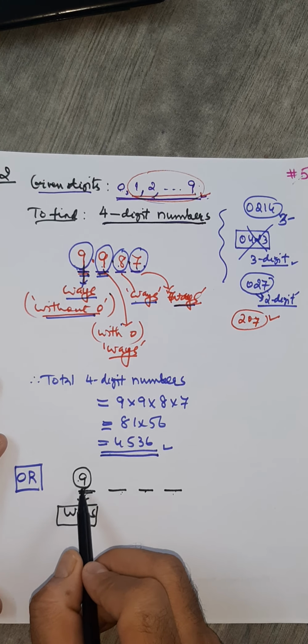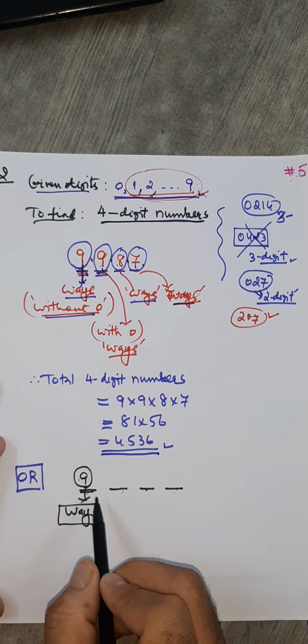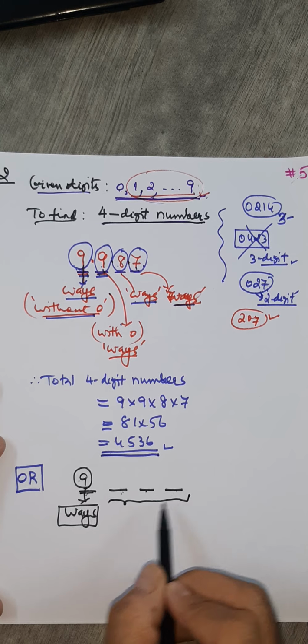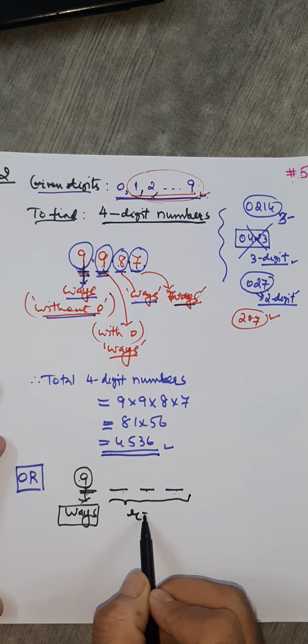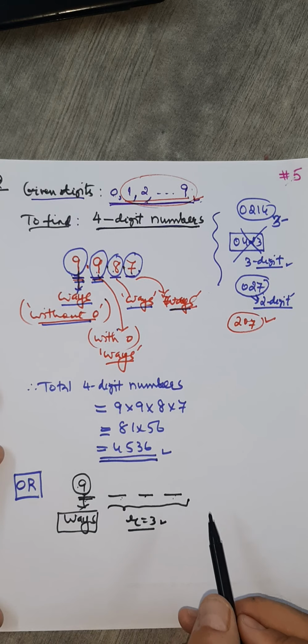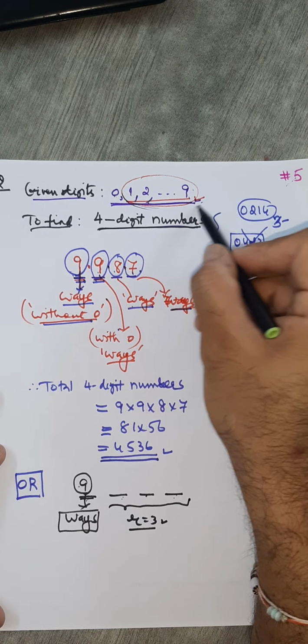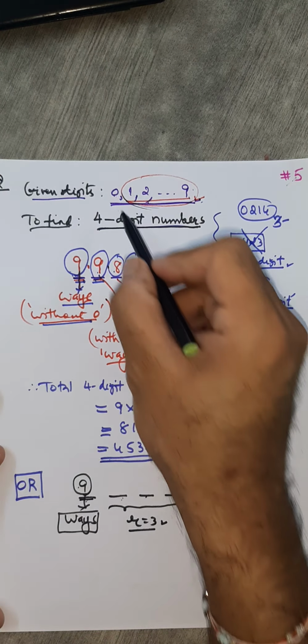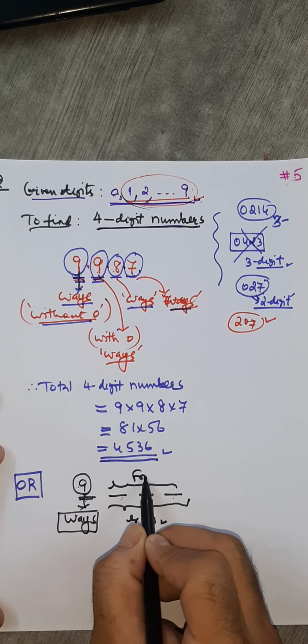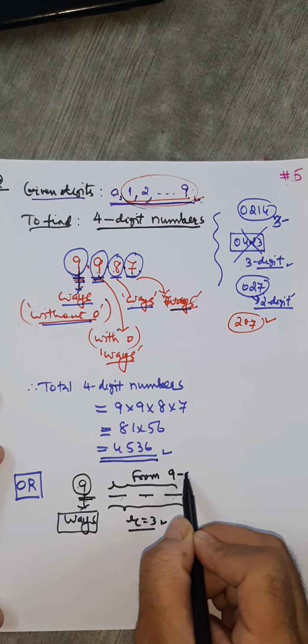Choice is yours. ये तो 9 ways हो गया. अब आपके पास कितनी पोजीशंस है? 3 पोजीशंस. So r equals 3. आपने एक यूज़ कर लिया. Which one have you used? 1 from this. तो आपके पास 8 बचे और 0. So from how many digits? From 9 digits.